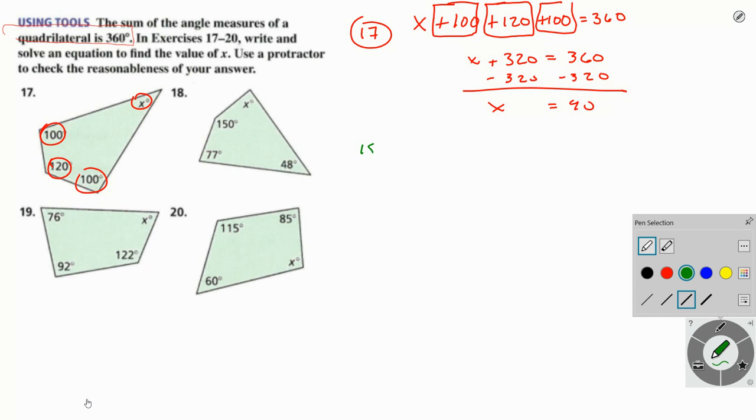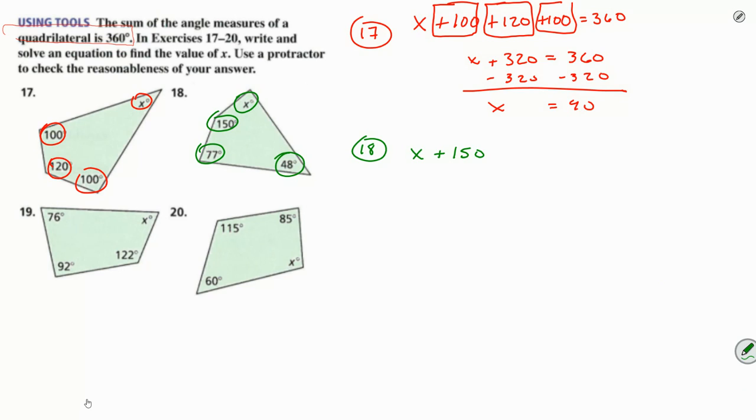Now if we go on to number 18, again, still a quadrilateral. So this plus this plus this plus this equals 360. X plus 150 plus 77 plus 48 equals 360. Combine our like terms of this, this, and this. So use my handy dandy calculator here.